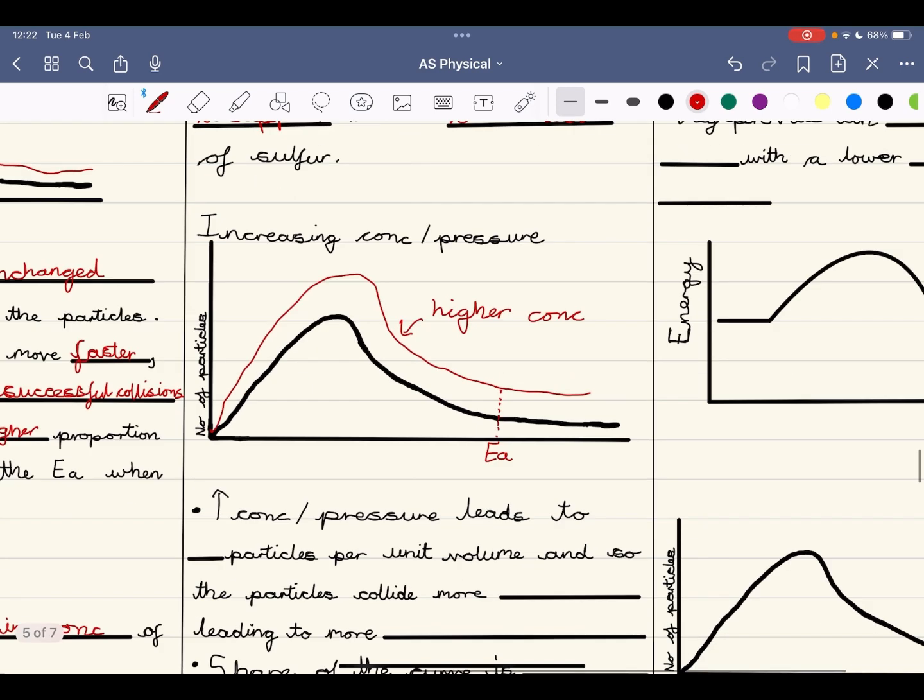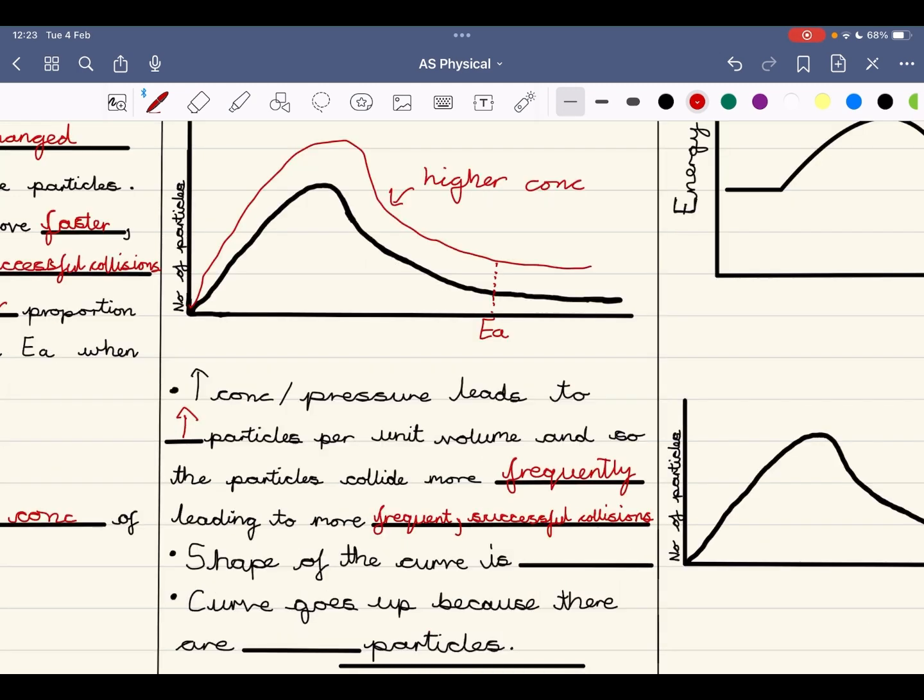Increasing concentration or pressure leads to an increase in particles per unit volume, and so the particles collide more frequently, leading to more frequent successful collisions. In this case, the shape of the curve is unchanged. The curve goes up because there are more particles.